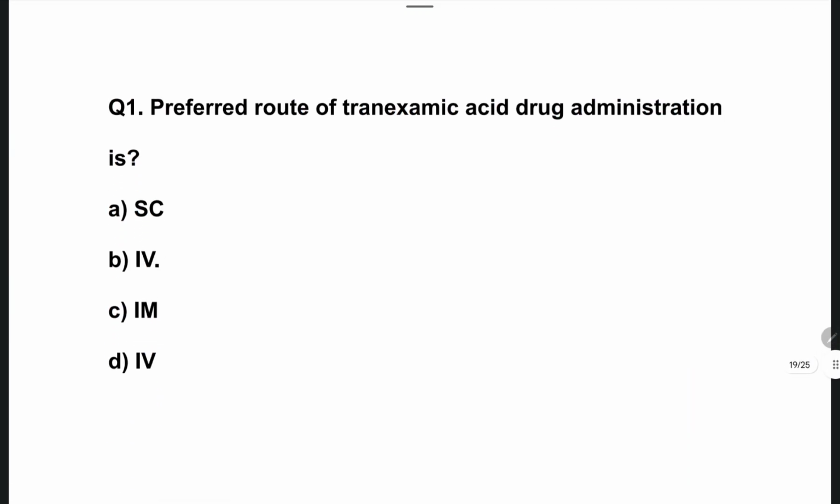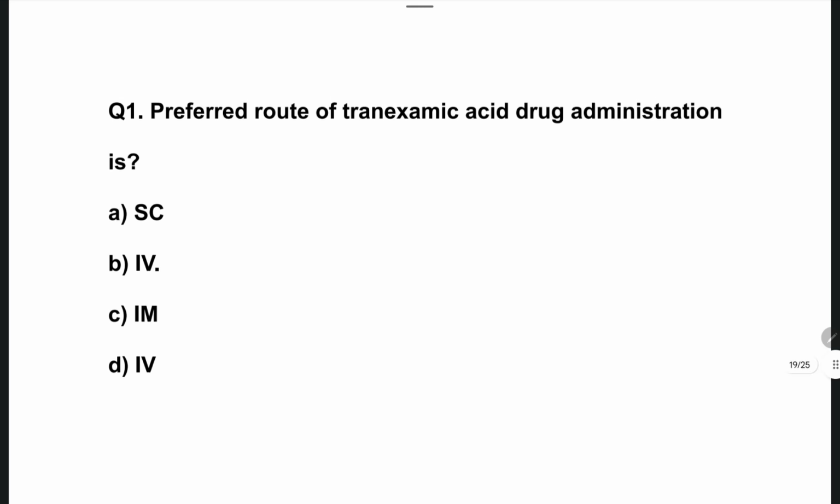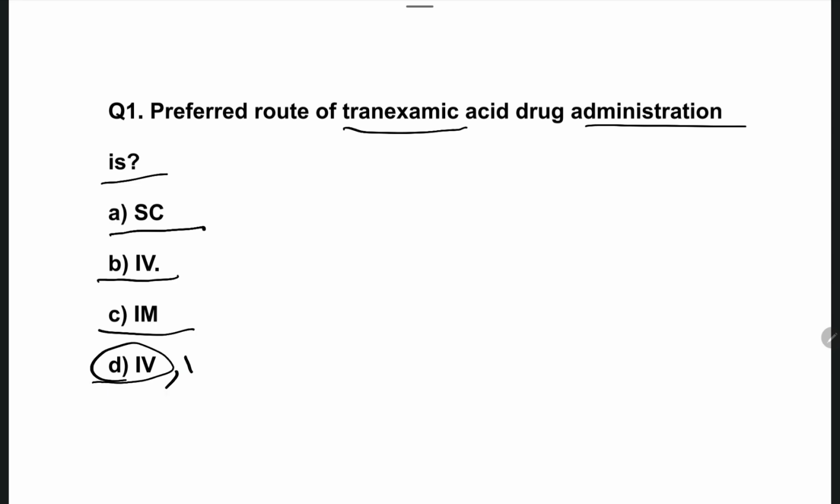The next one is the preferred route of tranexamic acid drug administration. Options are subcutaneous, intravenous, intramuscular, intravenous or intramuscular. Sorry, remove this option completely. Okay, so the right option is option B, intravenous.